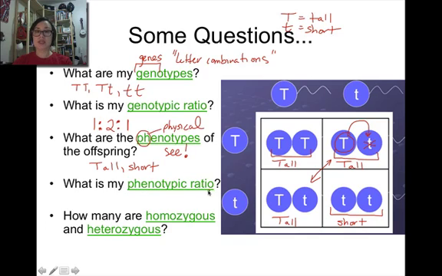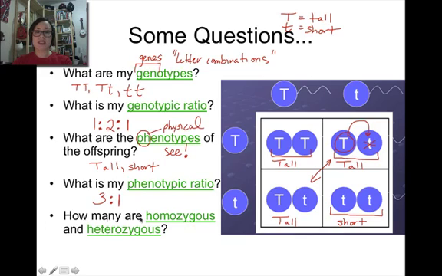The next question asks, what is my phenotypic ratio? And to determine my ratio, I'm going to do the same thing again. How many boxes represent babies that are tall? So I'm just going to count 1, 2, 3. So 3 of my babies are going to be tall, and 1 of my babies is going to be short. So that is my phenotypic ratio.